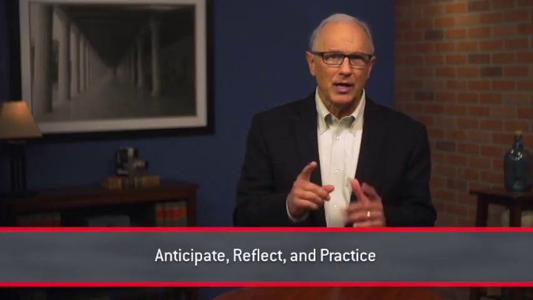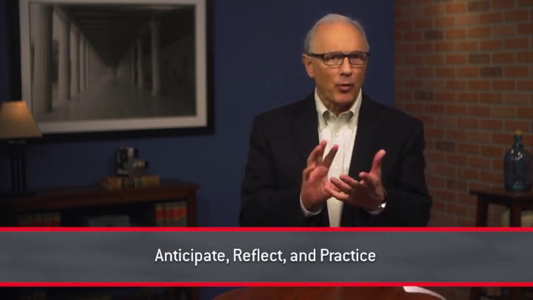Here's the second thing we learned when we were together last time. We learned how to improve your Columbo skill. And I told you to keep in mind three words: anticipate, reflect, and practice. And the point here is that the best time to improve your skill is when the pressure is off. And that's either before an encounter with somebody or after an encounter. So you can anticipate beforehand what problems you might encounter, figure out how you want to approach that using questions, and then role play it or practice it beforehand.